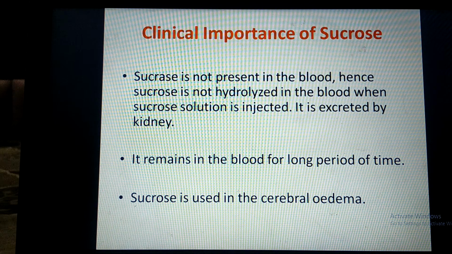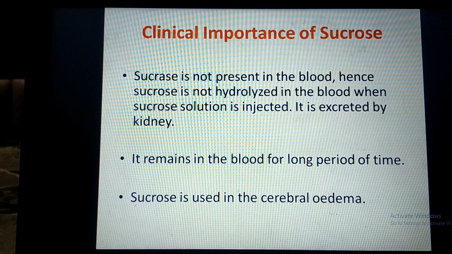In cerebral edema, there is accumulation of fluid in the extravascular compartment. So that fluid enters the intravascular compartment when the osmolarity of the blood increases. In this way, cerebral edema is treated by using sucrose solution intravenously.